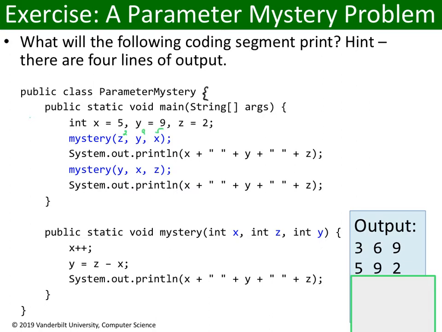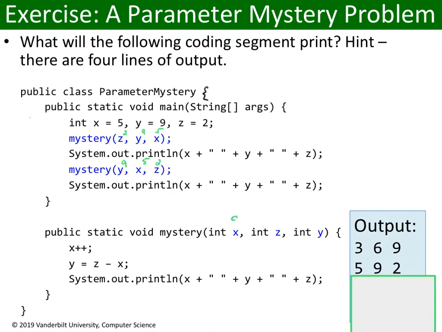The value which is stored in y is 9. So then we need an expression for the parameter z. The expression for the parameter z evaluates to 5 because 5 was stored in x. And then we needed an expression for the parameter y. And the expression for the parameter y, shown here, evaluates to 2 because 2 was stored in the variable z.